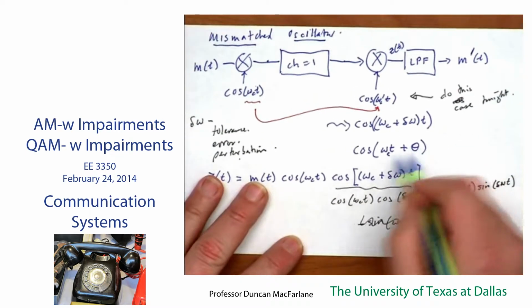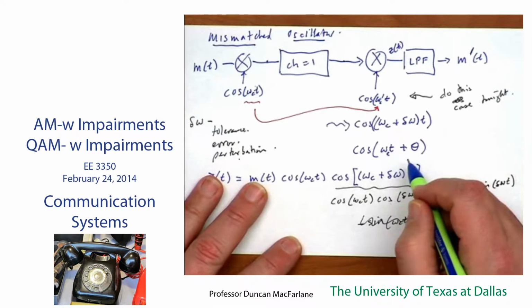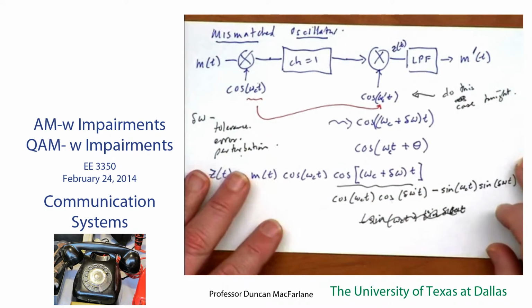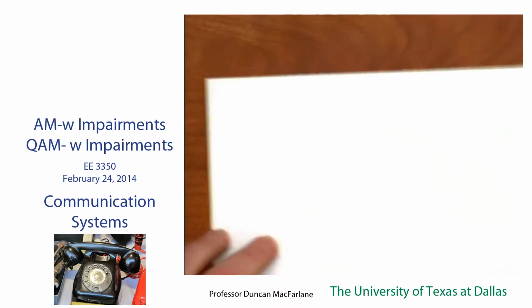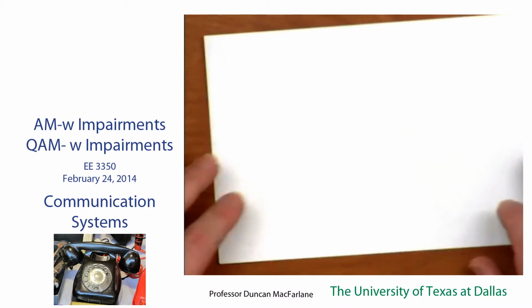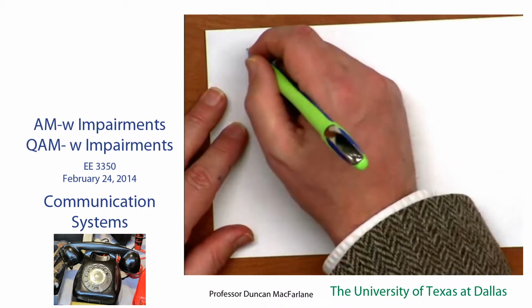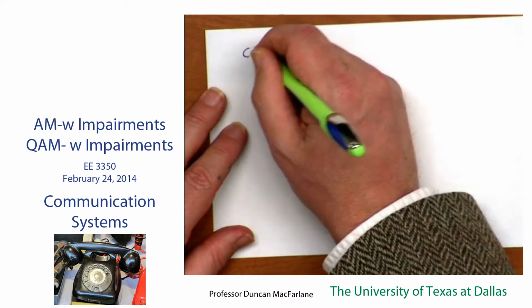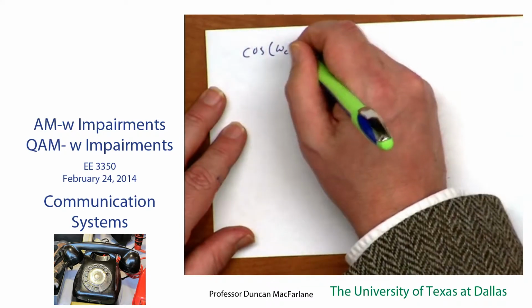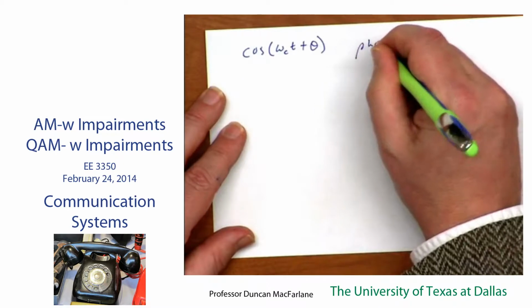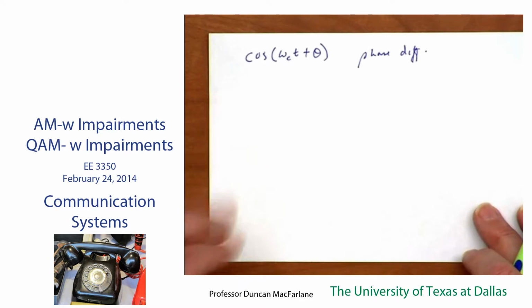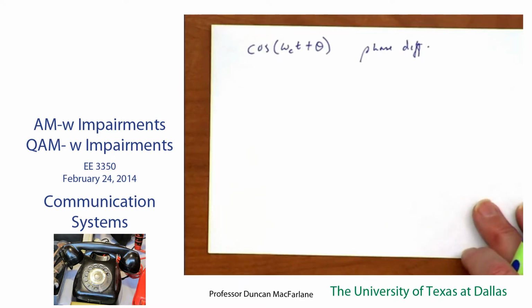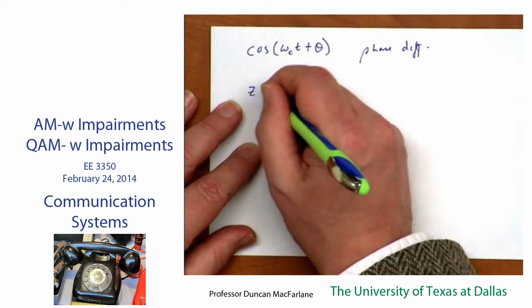And so now let's do the phase. Now let's do the phase difference. And I'm motivating this by looking at the QAM from last time and knowing that the system, this coherent detection system, knows the difference between a cosine and a sine. So for a phase difference, I have my new z of t.